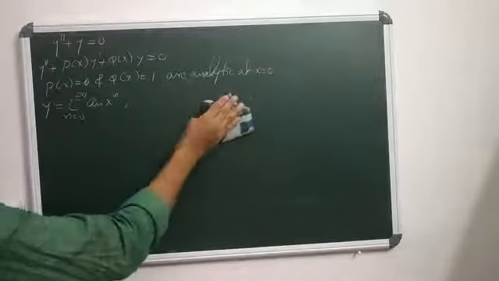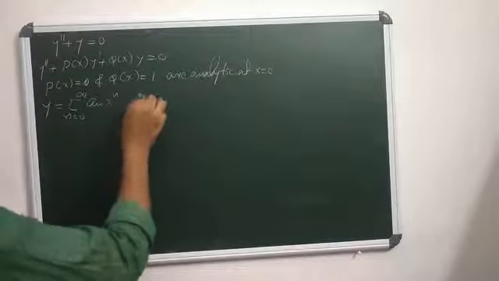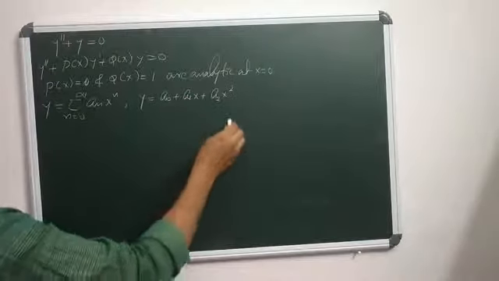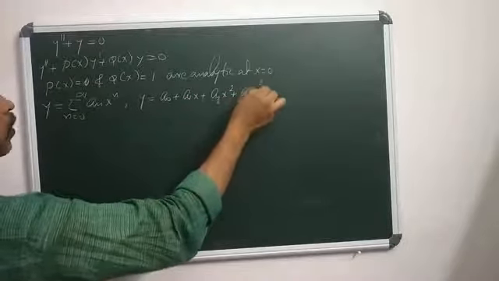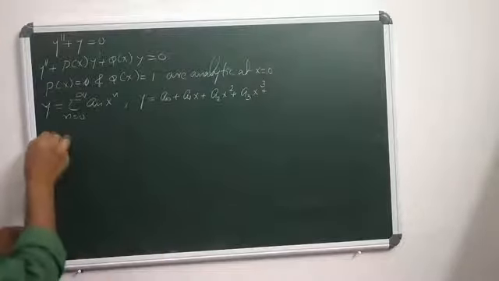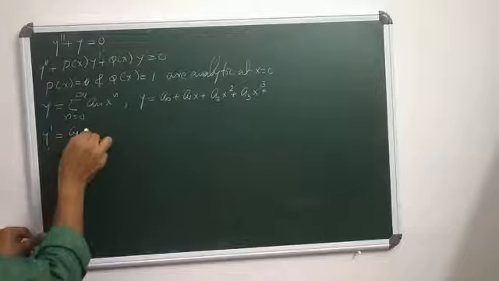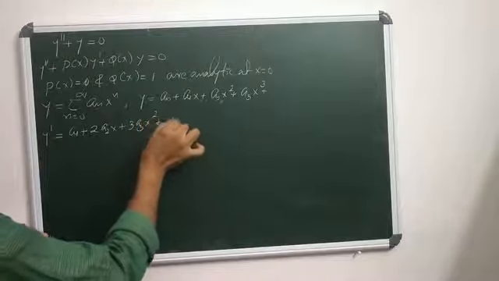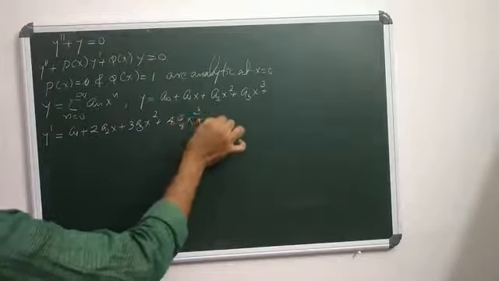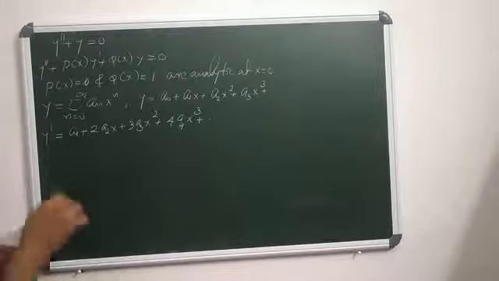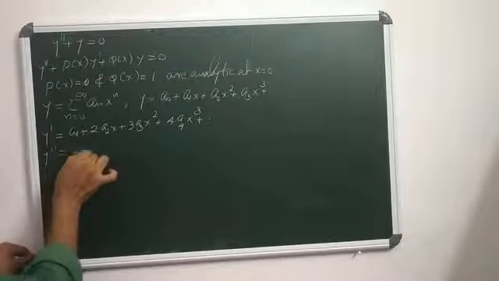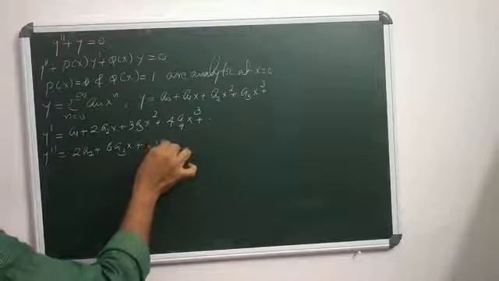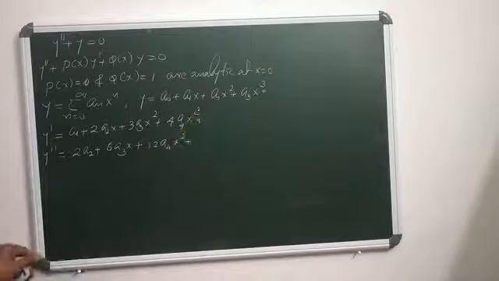For more convenience, y equals a0 plus a1x plus a2x square plus a3x cube plus etc. So y dash equals a1 plus 2a2x plus 3a3x square plus 4a4x cube plus etc. And y double dash equals 2a2 plus 6a3x plus 12a4x square plus etc.